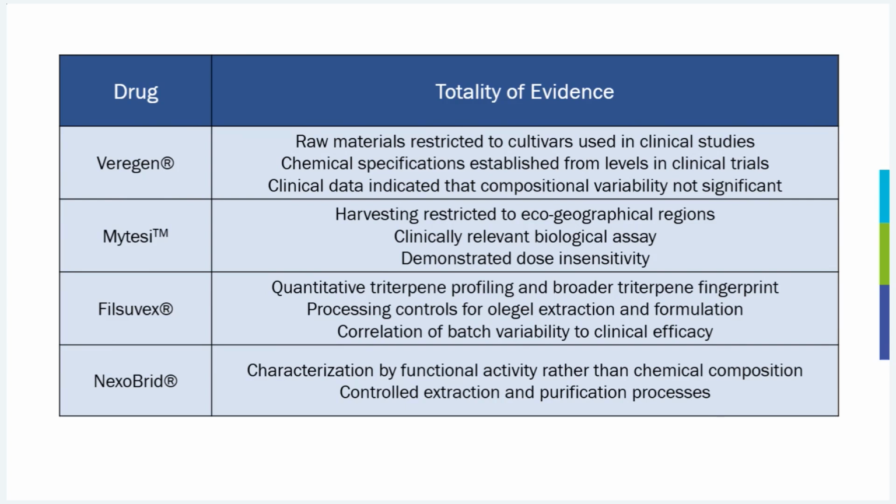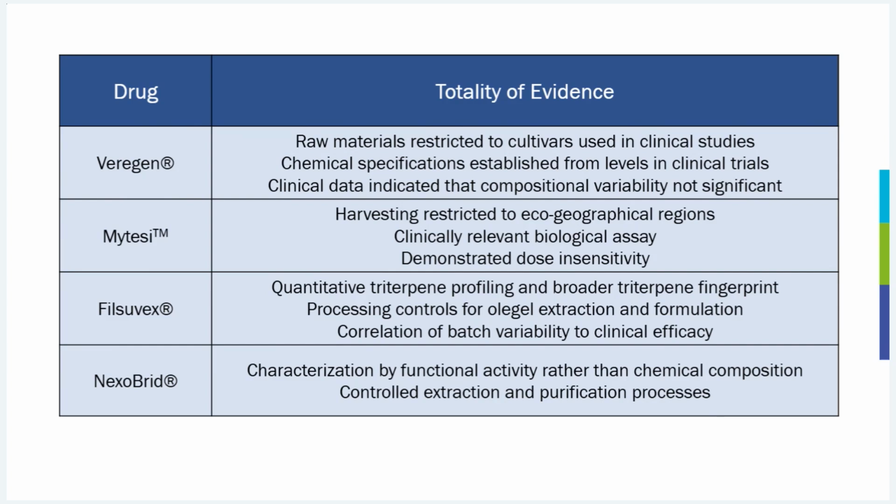Sorry, I'm horrible at pronouncing these. Raw materials are restricted to cultivars used in clinical studies. So they put tight controls around the raw materials. The chemical specifications were established from levels in the clinical trials, and the clinical data indicated that the compositional variability of the drug product was not significant.